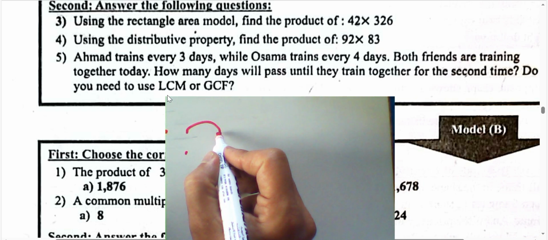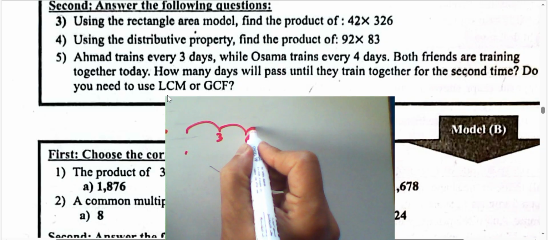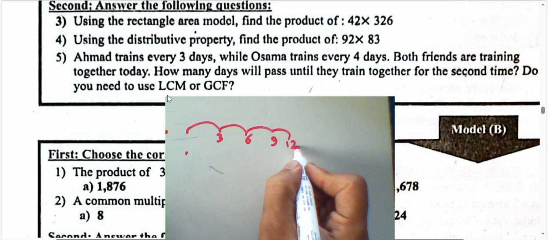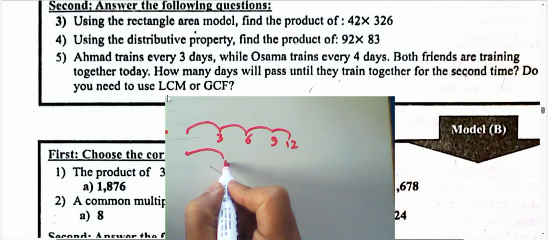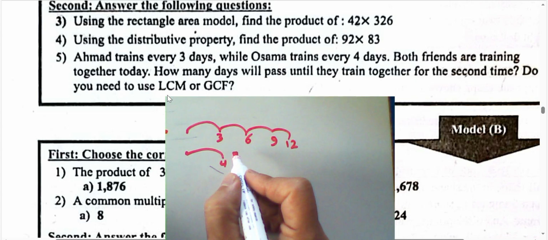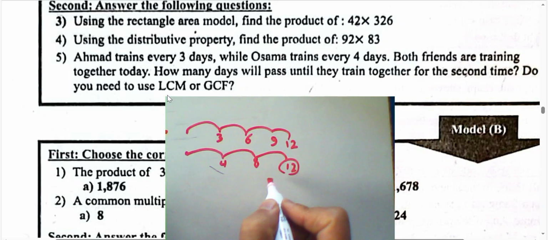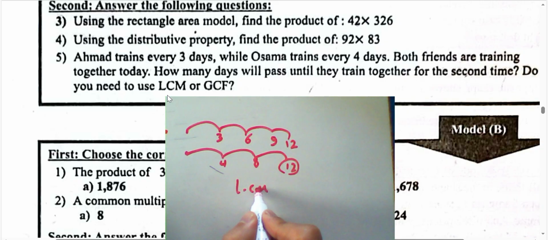Ahmed trains every 3 days: 3, 6, 9, 12. And Usama trains every 4 days: 4, 8, 12. Then we must use the list of multiples of the two numbers here.